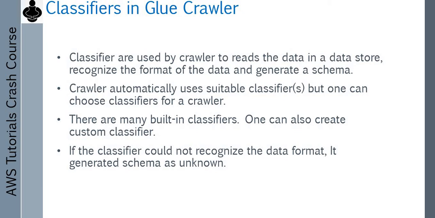Now, how does Glue Crawler identify the schema in the data? Because you are reading data from an S3 bucket and your data could be in CSV format, JSON format, XML, or Parquet format.